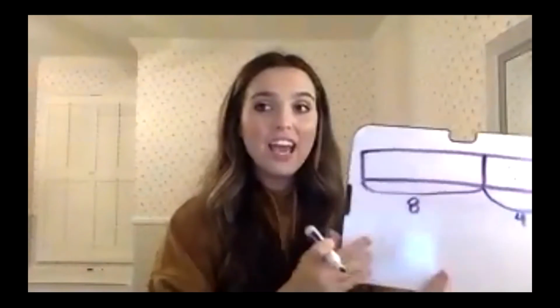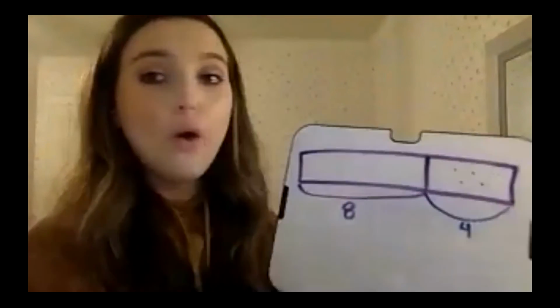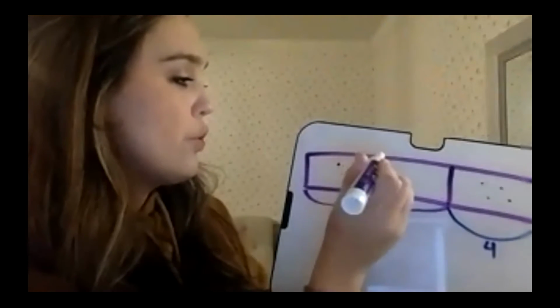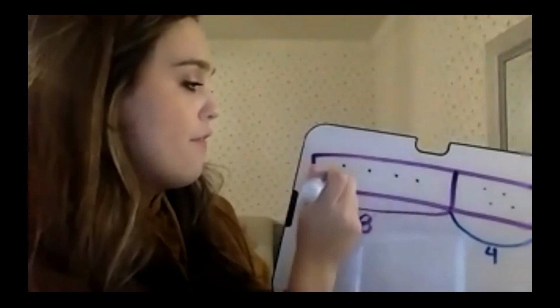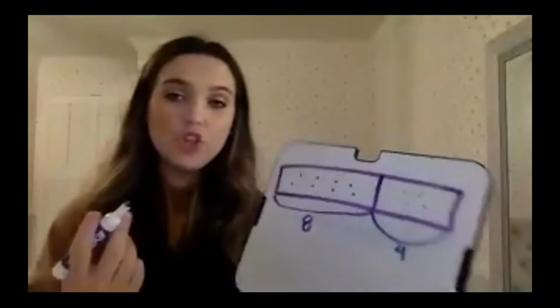Perfect. Now we are going to do 8 on the other side to represent these 8 oatmeal raisin cookies. 1, 2, 3, 4, 5, 6, 7, and 8. Awesome. Okay, so now that we have those 2 in, we know that we are looking for the total amount.